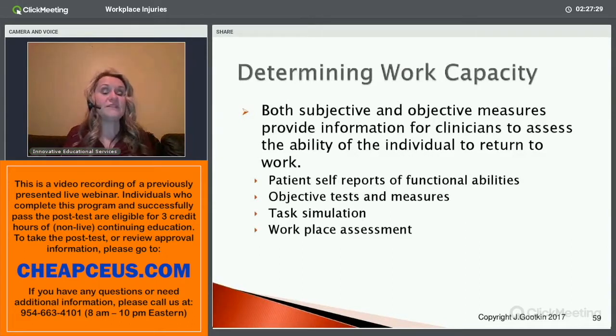That may or may not be something that's available in your area because of reimbursement or funding, but maybe on a smaller scale, we can look at returning the person to work. Do we have an opportunity where we can simulate different activities so that our goals are then written, just like we would for the patient who has back pain, increasing sitting tolerance or standing tolerance.